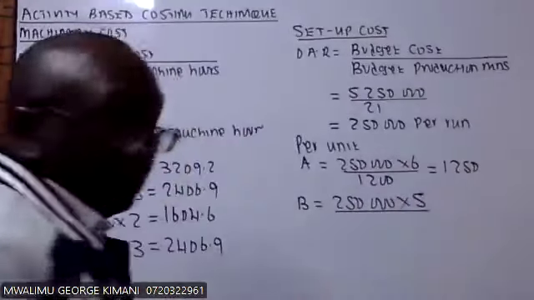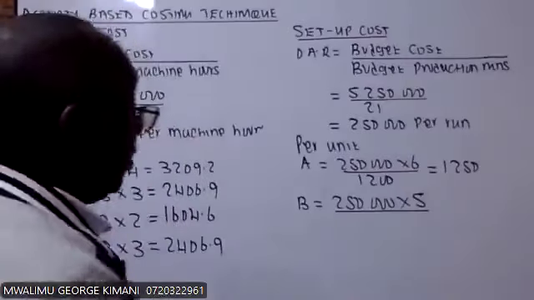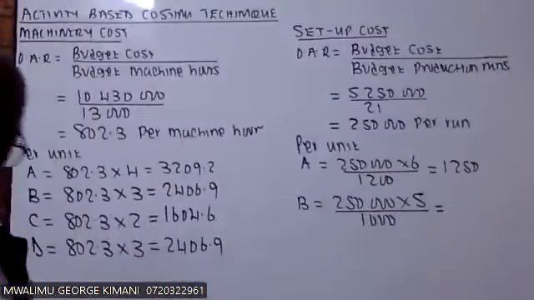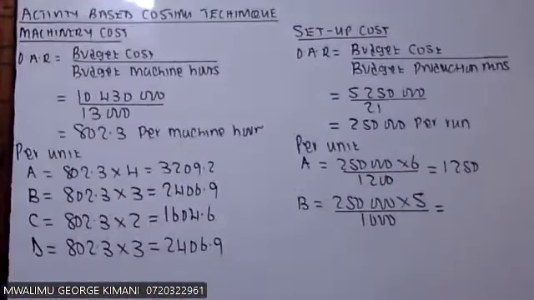Then you divide by the number of units, 1,000. Also 1,250.